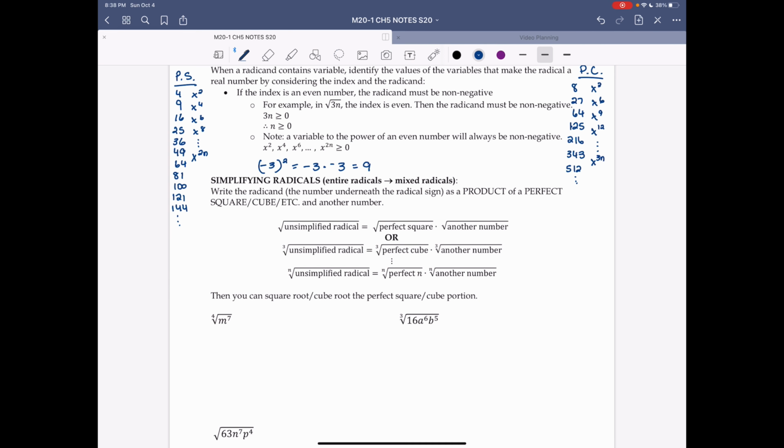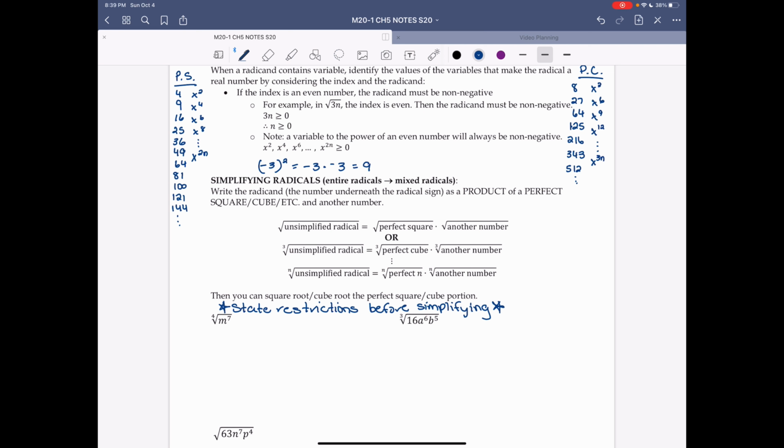The fourth root of m to the power of 7. First, we need to state the restrictions. We want to do that before simplifying. In this case, our index is even.